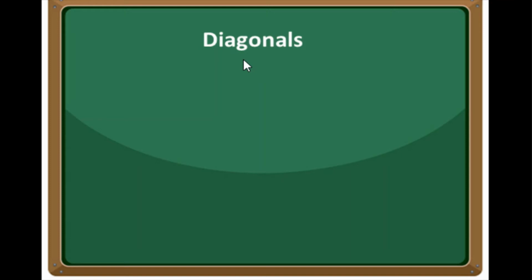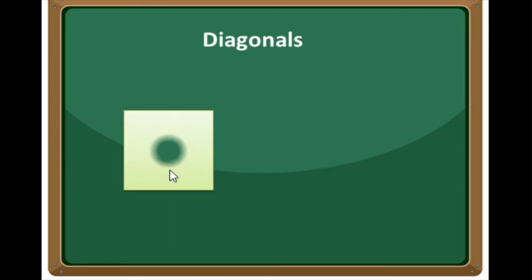One more time. Diagonals. Very good. Let's look at the square. A square has 2 diagonals. And when they meet, they form an intersection point.